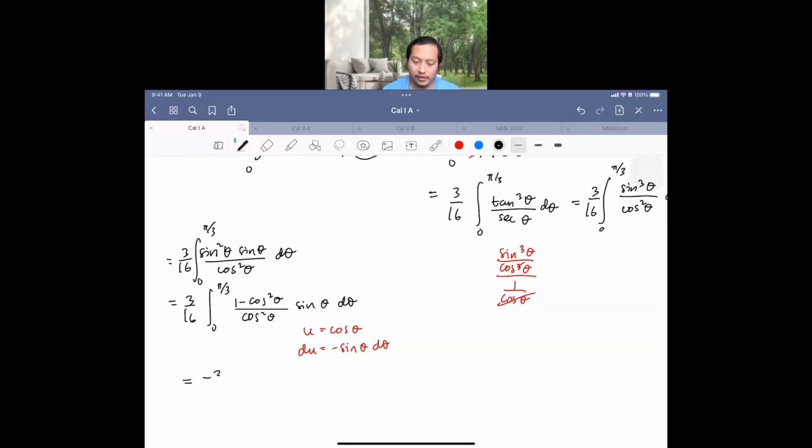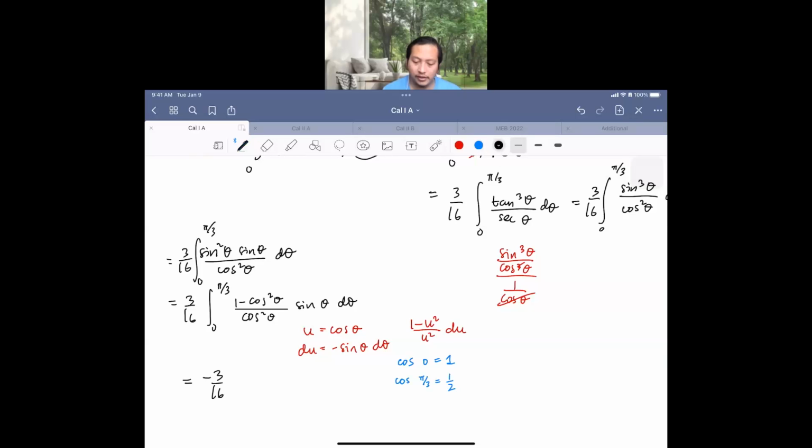So we will have minus 3 over 16, and this will be 1 minus u squared over u squared du. And all right, we need to change all terms in theta. So u is first cosine 0, which is 1, and cosine pi over 3 is half.